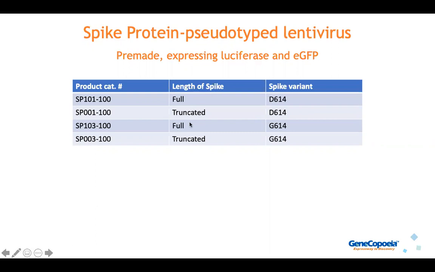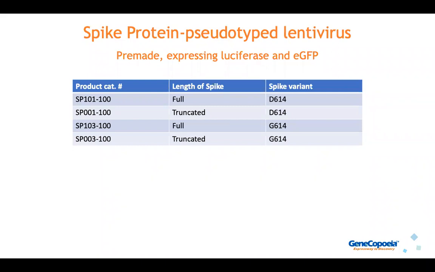Okay, and the reason we did that is we and others have found that the truncated spike protein actually gives higher titers, higher packaging efficiency. And these original versions used a spike variant known as D614.